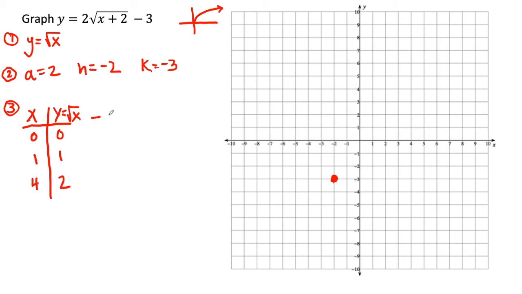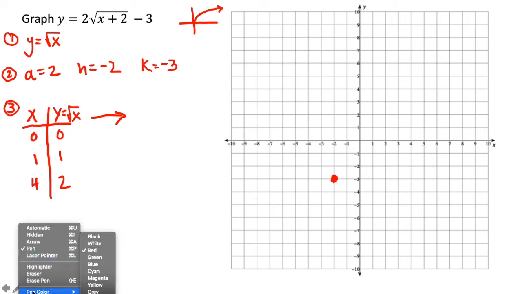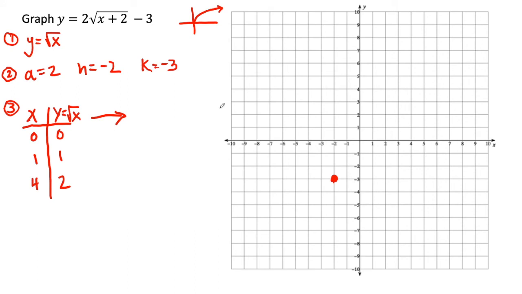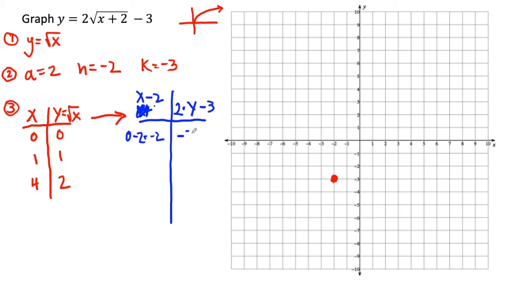And so we're going to map this to our new function, which will be x plus 2, x minus 2, and then we'll have 2 times y minus 3. And so when I plug in 0, 0 minus 2 gives me negative 2. And then when I plug in 0 for y, I get minus 3. And so that's where we start. We start at negative 2, negative 3.